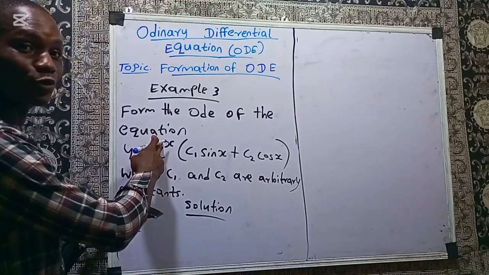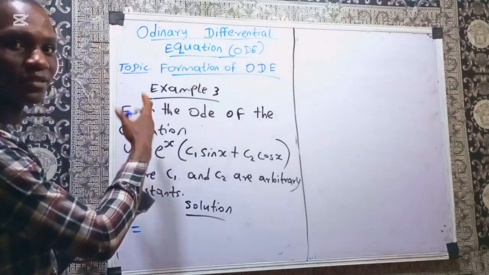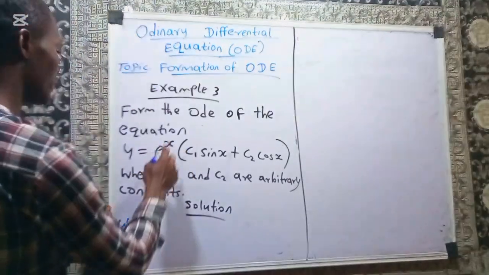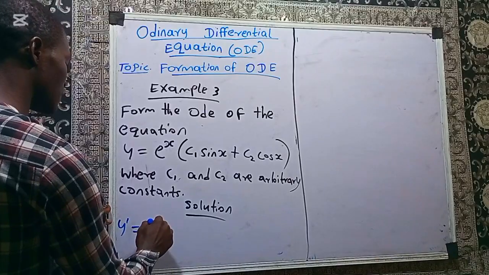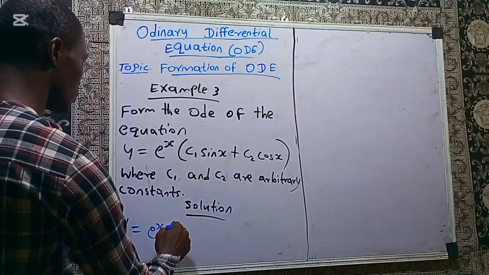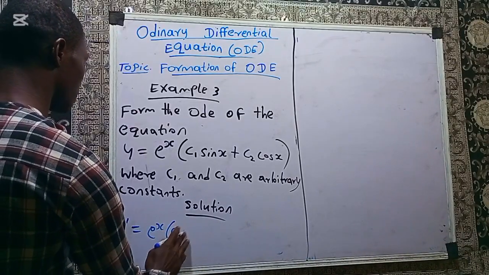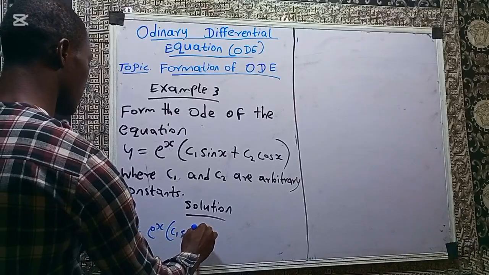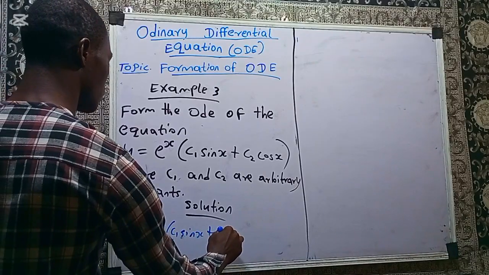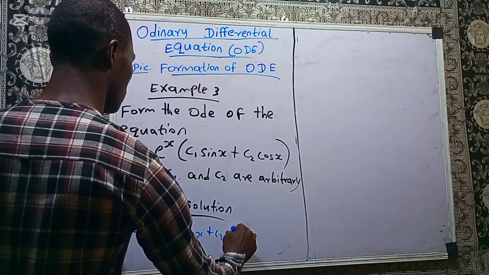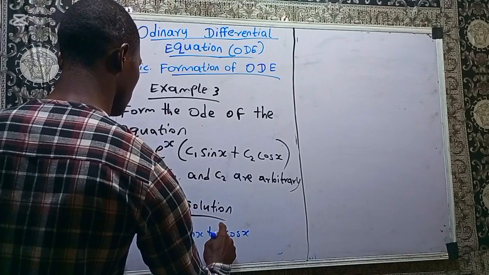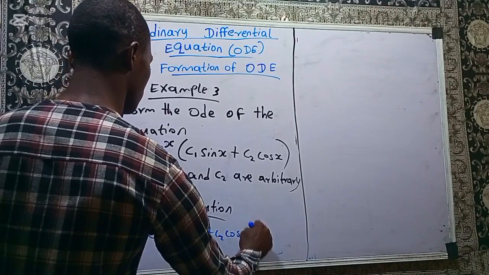If you differentiate e^x, you still get e^x times c1 sin x plus c2 cos x. So this is what you get.